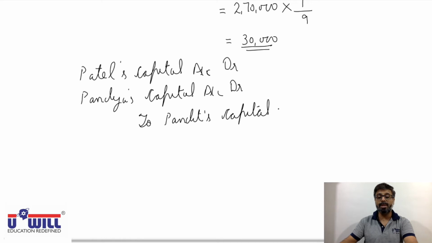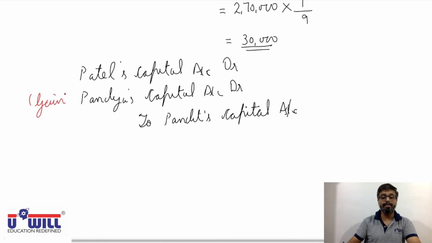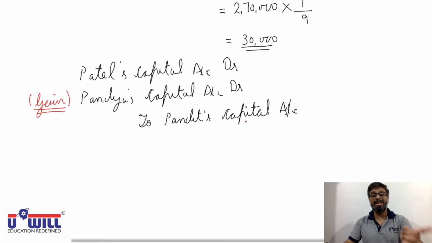So this adjustment of goodwill is also very important in this question. Reason: one of the old partners doesn't sacrifice but gains. Since the old partner is gaining, we credit old partner's capital account in sacrifice ratio. But if the old partner is gaining, then instead of credit, we will debit the old partner in gain ratio.